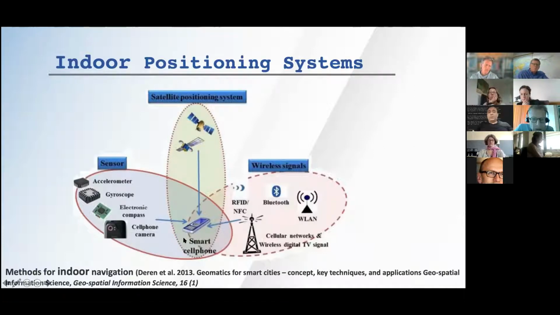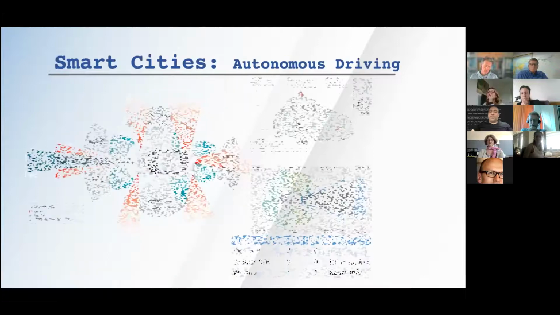In locations where we don't have access to GPS satellite positioning systems, there are ways to integrate solutions like wireless solutions, Bluetooth, and other sensors on the smartphone, for example, to generate the positioning indoor, or navigating indoor.